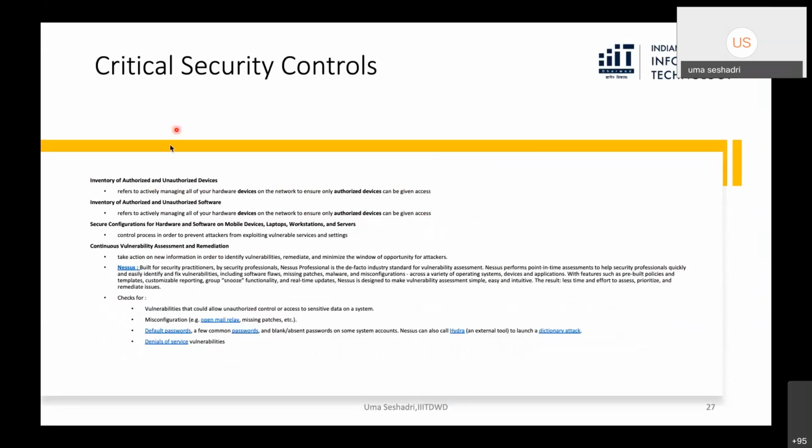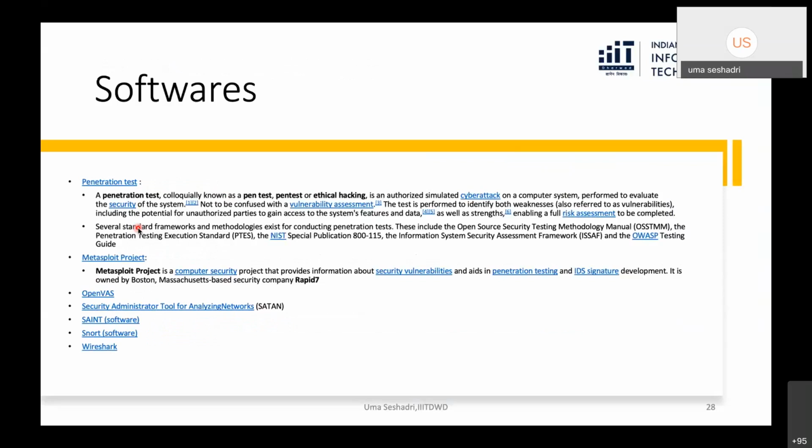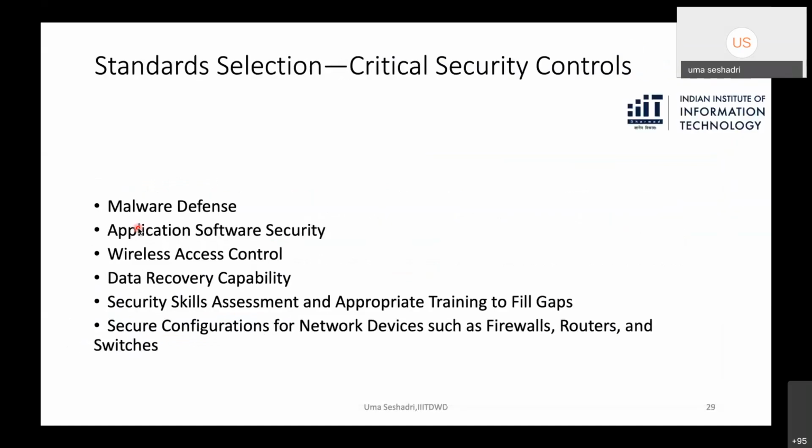There are certain controls which I think I told you in the last session. I will not go into that. Again, these are various software tools you can use which directly provide these types of services. Based on the type of investment and the type of risk strategy you have, you can select the controls and security control standards.